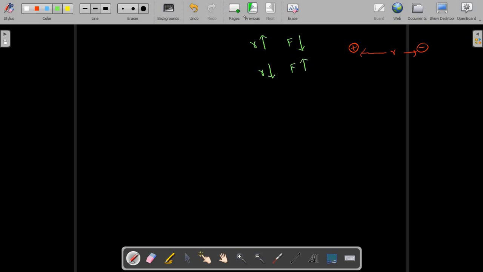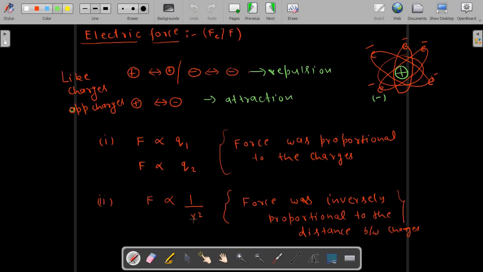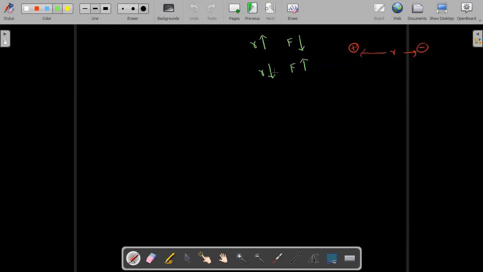And what was the amount of increasing? That was R square. So as I increase the distance, the force decreases by the square of the amount, and as I decrease the distance, it enormously increases the value of force.